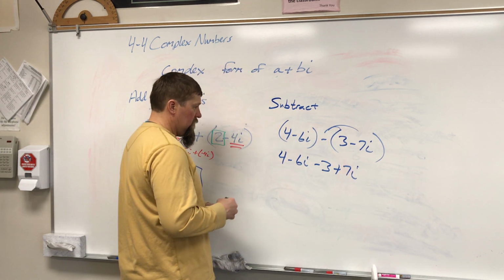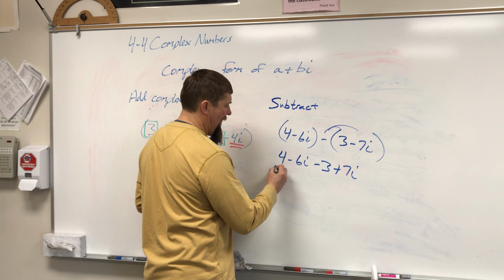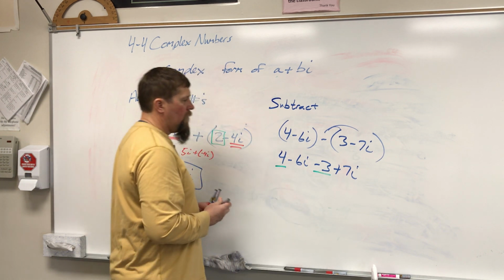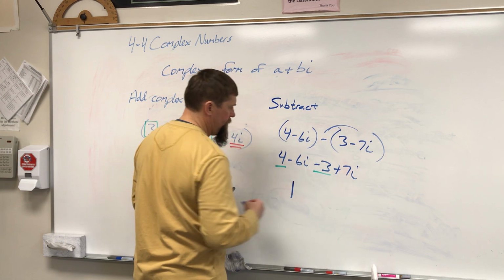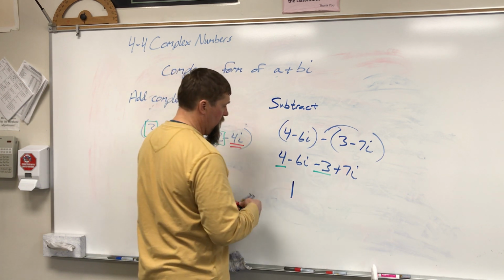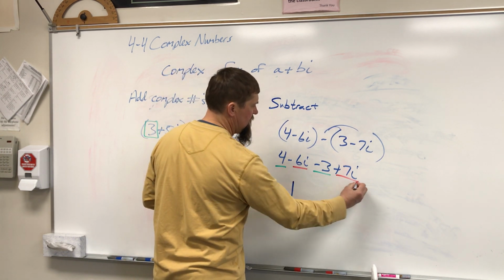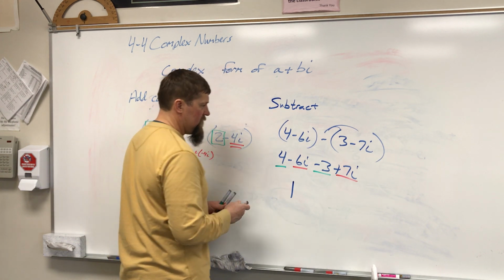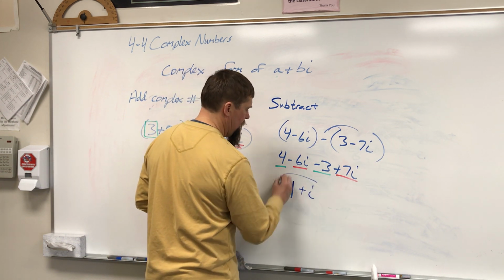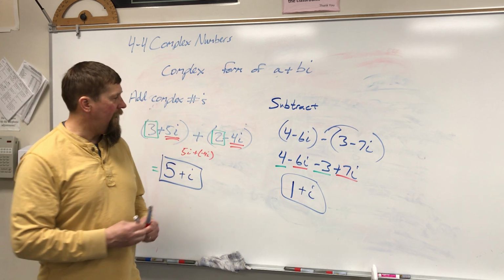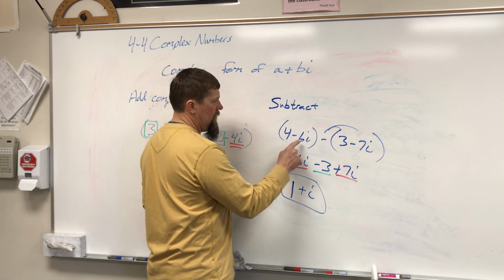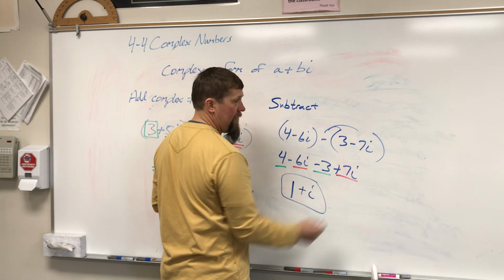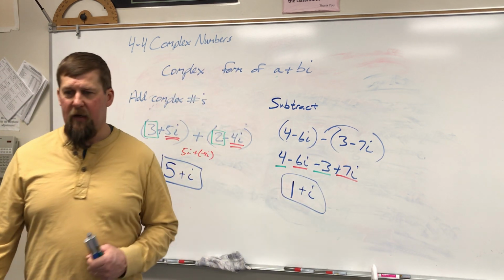So there I'm going to go ahead and now I'm adding 4 minus 3. So that's positive 1. And then I'm going to add negative 6i plus 7i, which is just plus i. So when I subtract, I'm basically taking the 4 minus 3, which is 1, and negative 6 minus a negative 7, which is positive 1i.